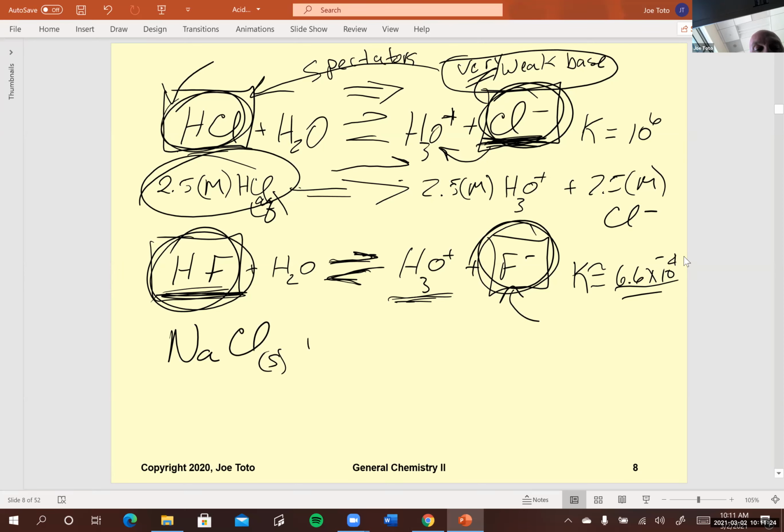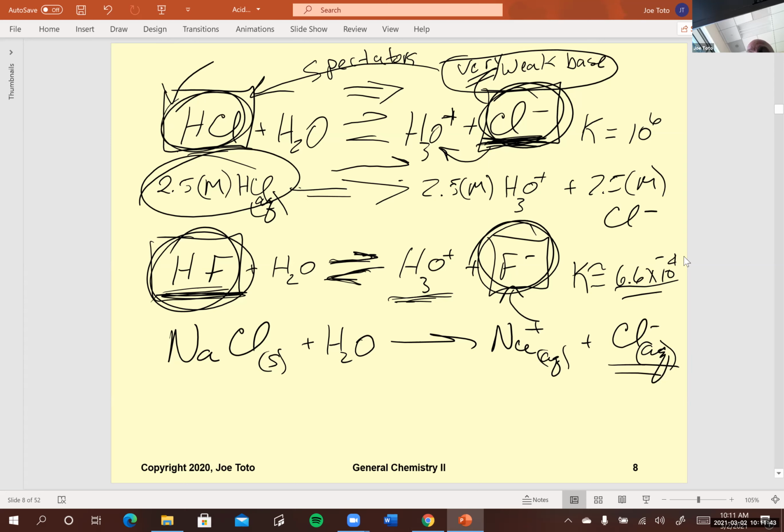If I put it in water, I know from Chem 200 and my solubility rules, I'm going to get Na plus aqueous plus Cl minus aqueous. And I know this is a base, Cl minus. It's the conjugate base of HCl. And because it's the conjugate base of a strong acid, this equilibrium is going to lie way to the left. I'm not going to form HCl in my mouth and burn me.